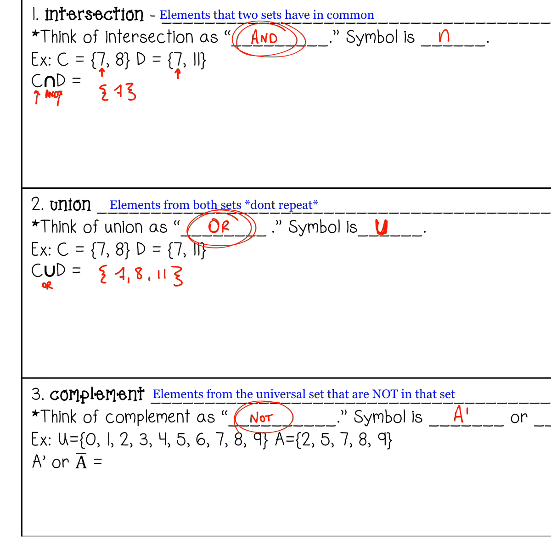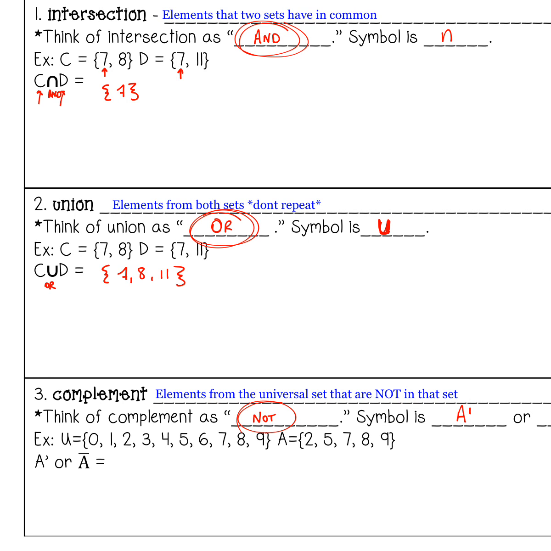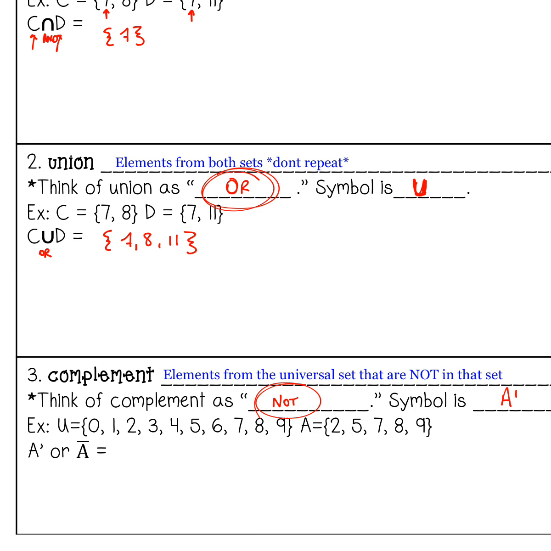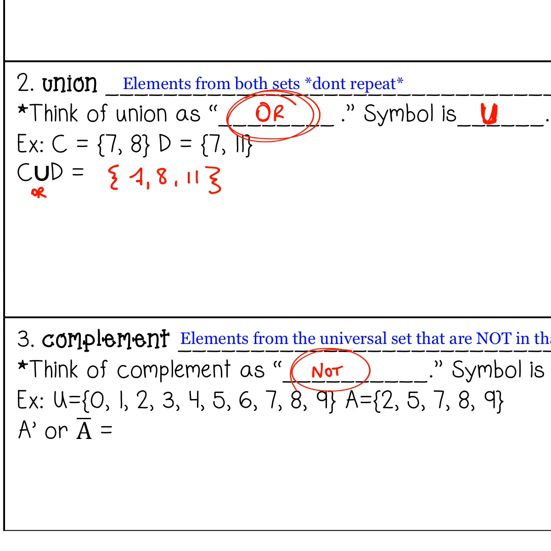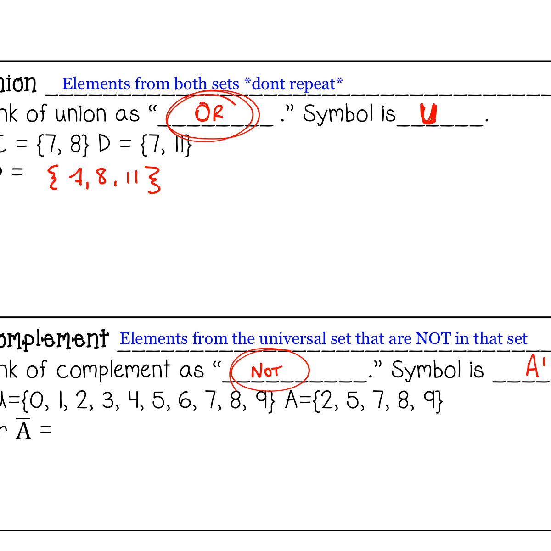When we look at our universal set, we've got the numbers, it looks like, for universal is 0 through 9. And then for set A, we have 2, 5, 7, 8, and 9. We want a complement or a bar, who is not in A, but is in our universal set. So we look at 0. Is 0 in the universal set?